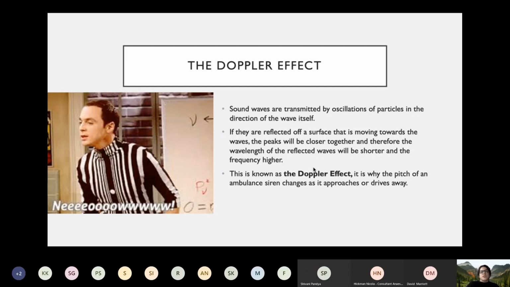Essentially the definition is that sound waves are transmitted by oscillations of particles in the direction of the wave itself. If the sound wave is coming towards you, it's shortened, and if the sound wave is going away from you, then it's lengthened. And this can be used clinically to allow measurements of flow.